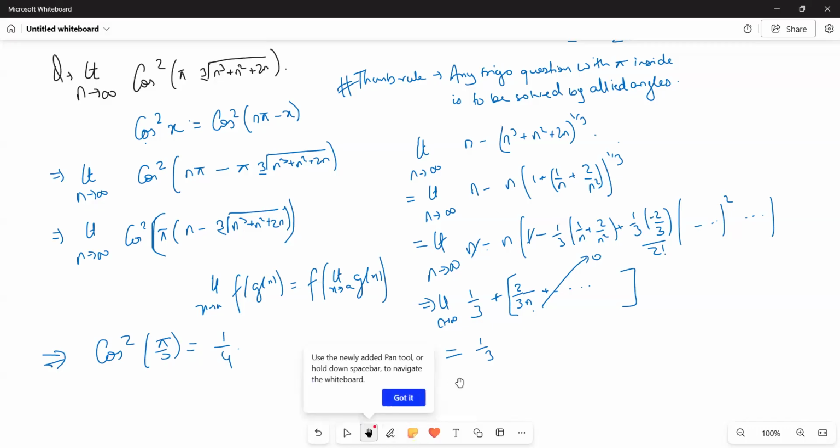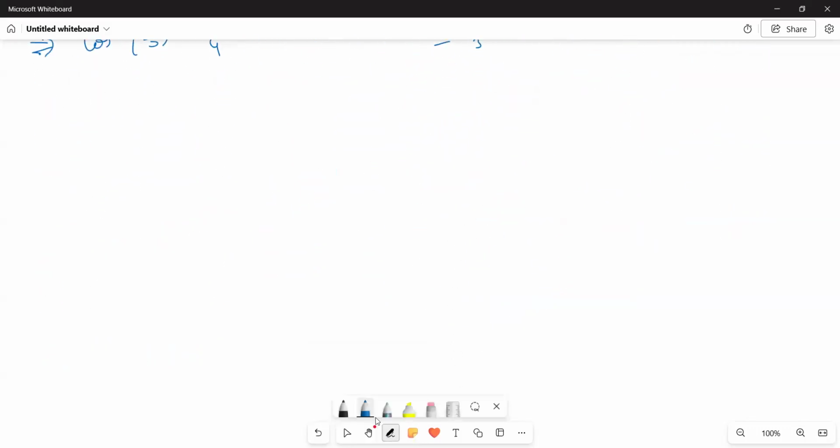Okay, next question. Again, an easy one, just to change things up. Limit x tending to 0 of ((2 + root of (9 + x)) / (5 by... (3 + root of (9 + x)))) whole to the power cosec x.